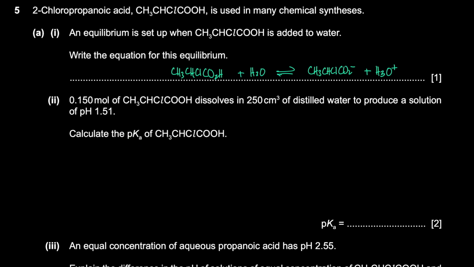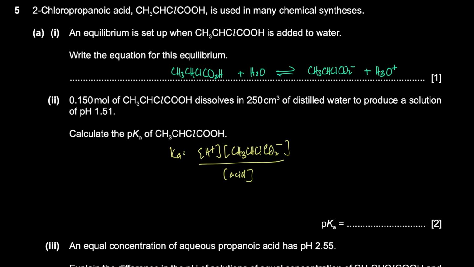We have the equilibrium that we've shown, and the Ka is the concentration of H+, or H3O+, times the concentration of the conjugate base, CH3CHClCO2-, divided by the concentration of the acid.